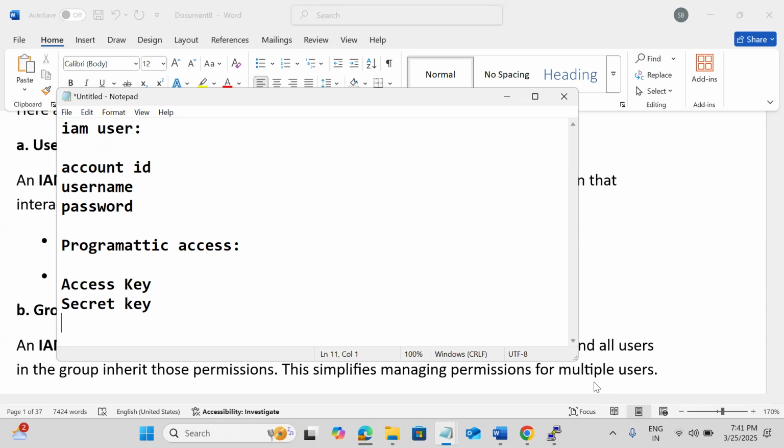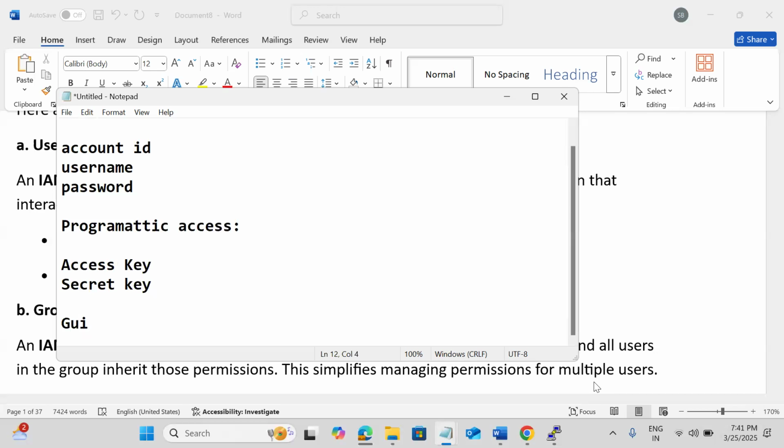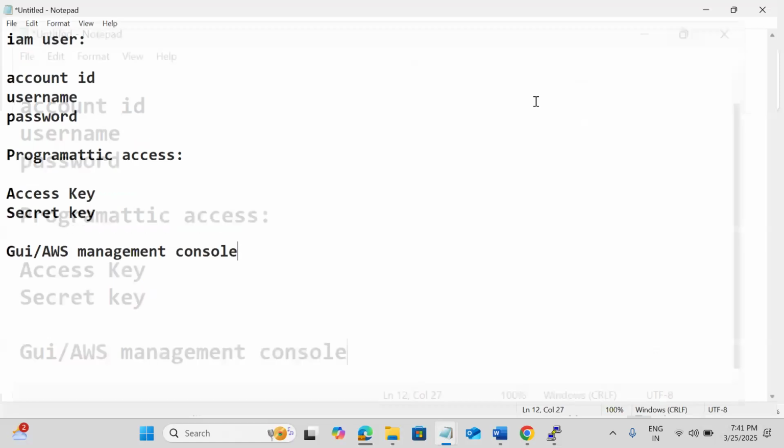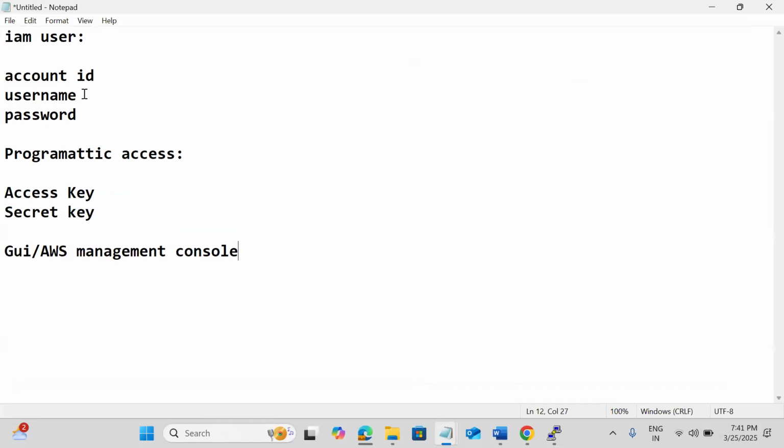From the GUI, or the AWS Management Console, we log in with a username and password. But if I want to use the command line, or APIs, or SDKs, or any third-party tools to communicate with my AWS account, then for that we require programmatic access.